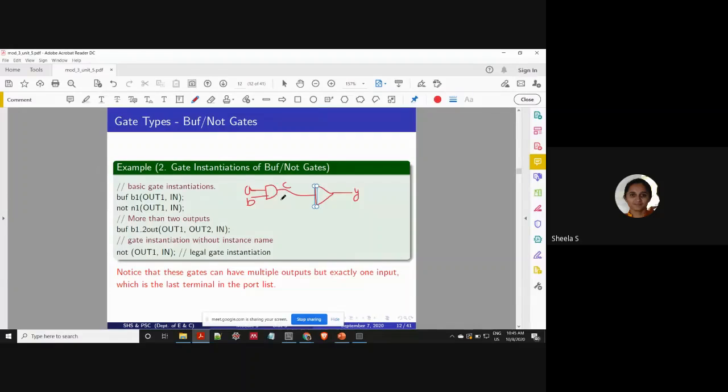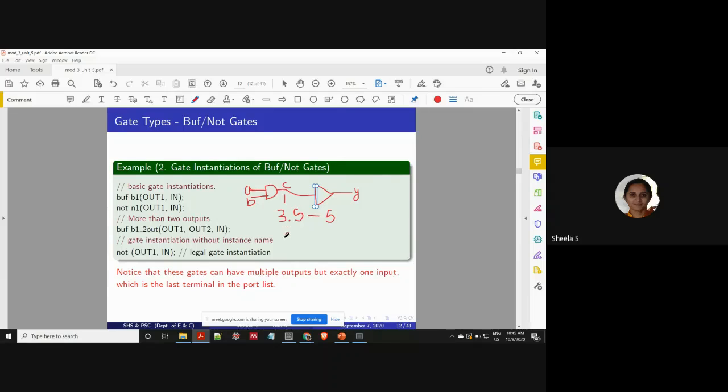Okay, so when the output of the AND gate is logic 1, how will the buffer recognize the output? If the corresponding input voltage for the buffer is in the range of around 3.5 to 5 volts, then whatever the value of C, it will be treated as logic 1.